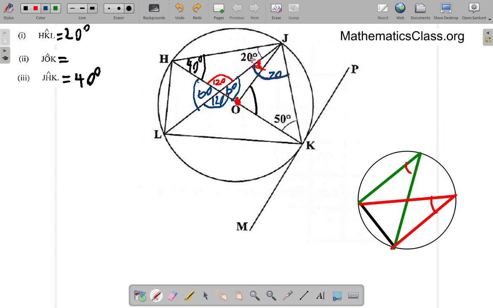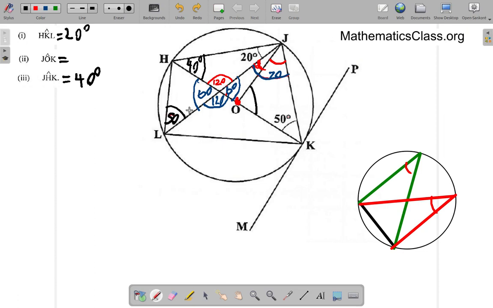They did not give an indication of this particular angle, right? Don't know that, we don't know that. This is 120. We know that if this is a chord and HKL is lying on it and it's 50, JLH is lying on it, this must also be 50 degrees.